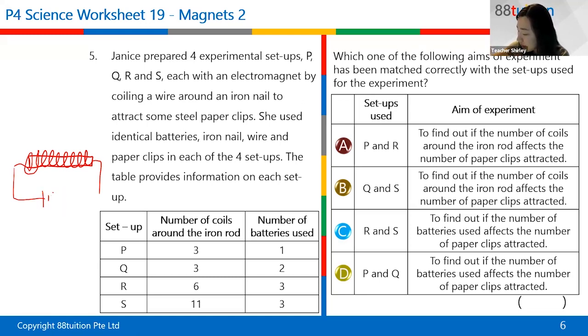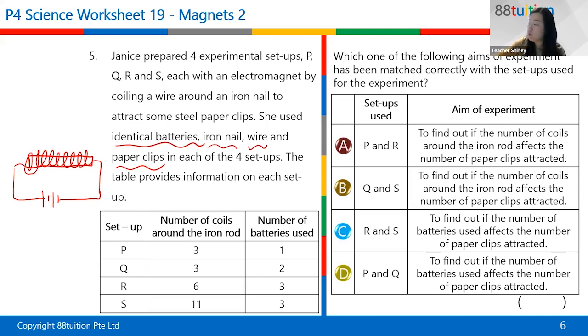You can use the symbol like that. She set up an electromagnet. She used identical batteries, iron nail, wire, and paper clips. And these were the results. Which of the following aims of the experiment has been matched correctly with the setup?